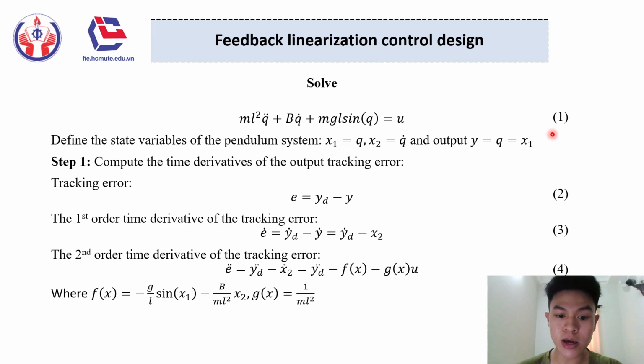We can rewrite the equation as yd double dot minus f(x) minus g(x) u, where f(x) is equal to minus g over l sine x1 minus b over ml squared x2, and g(x) equals 1 over ml squared.